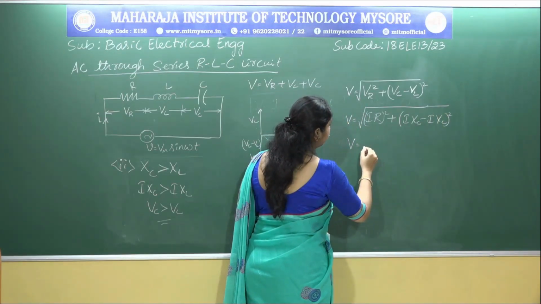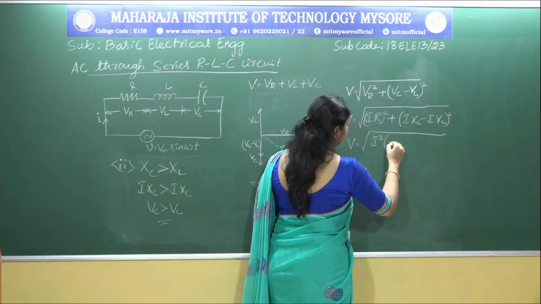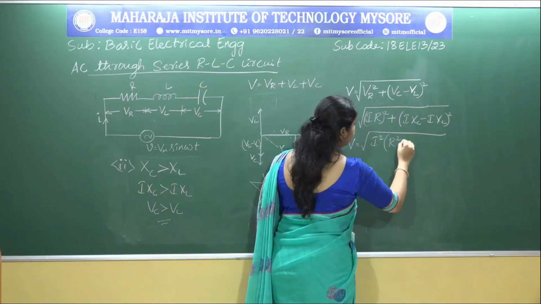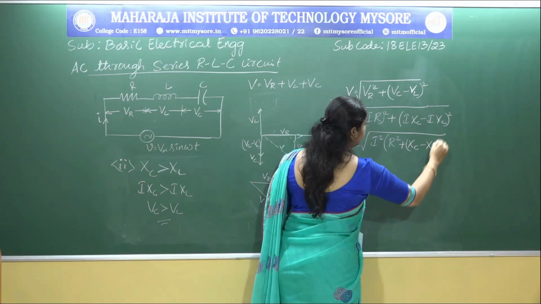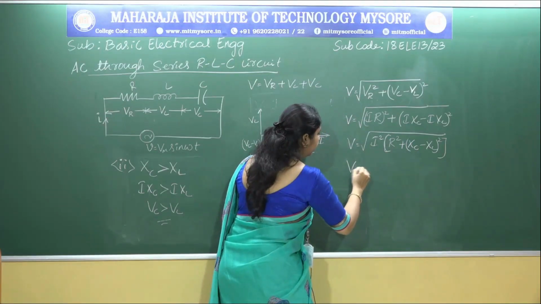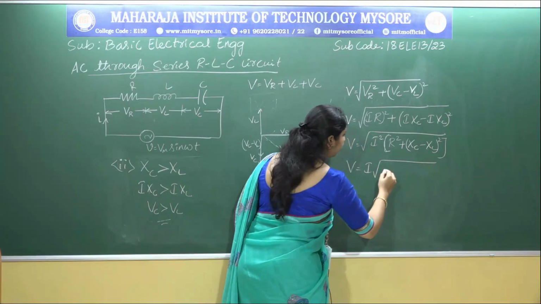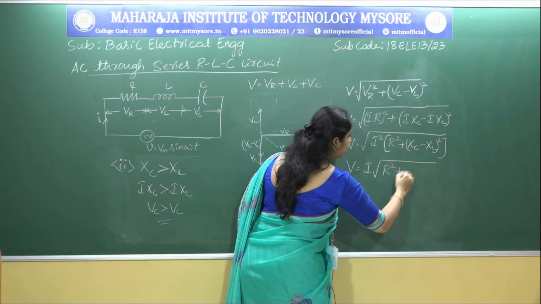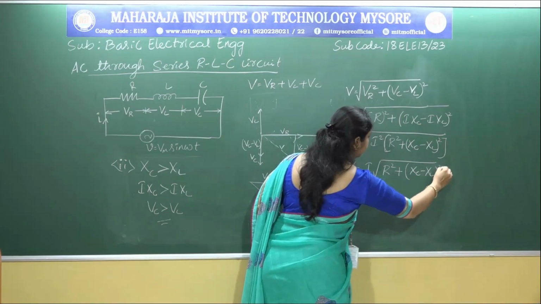Take I common from here, so it is the square root of I square into (R square plus (XC minus XL) whole square). And so we can have the equation as I into the square root of R square plus (XC minus XL) whole square.